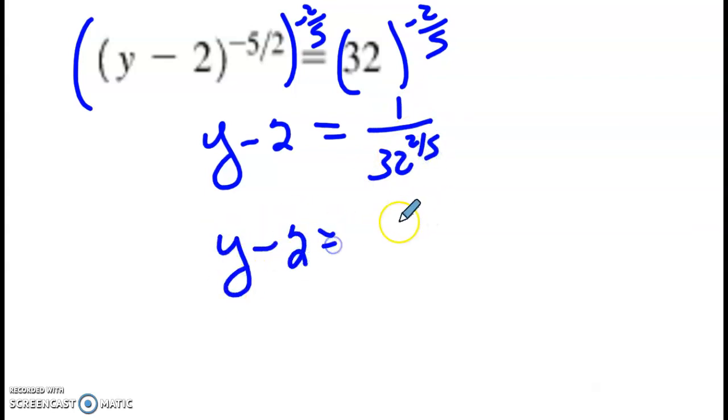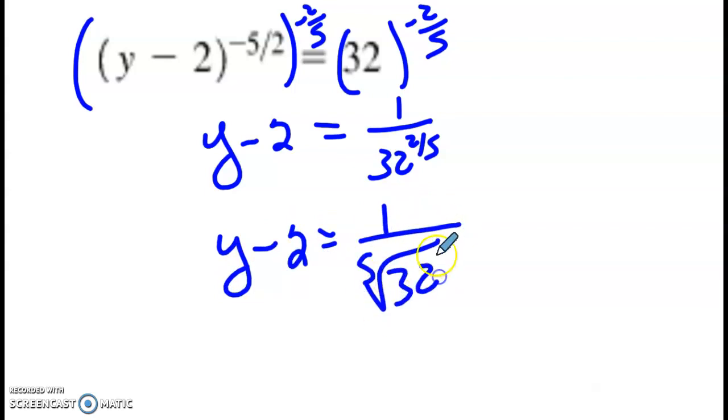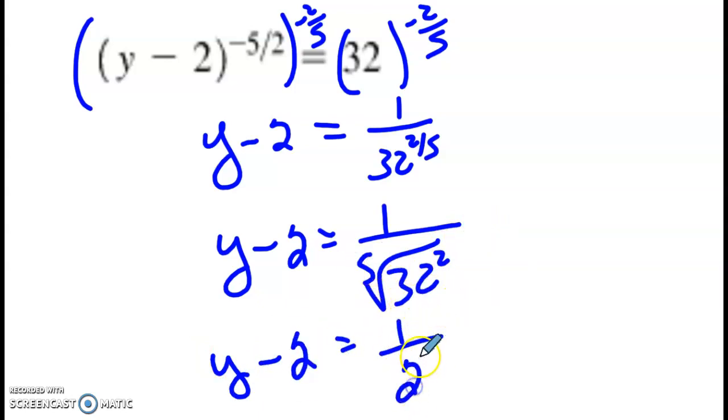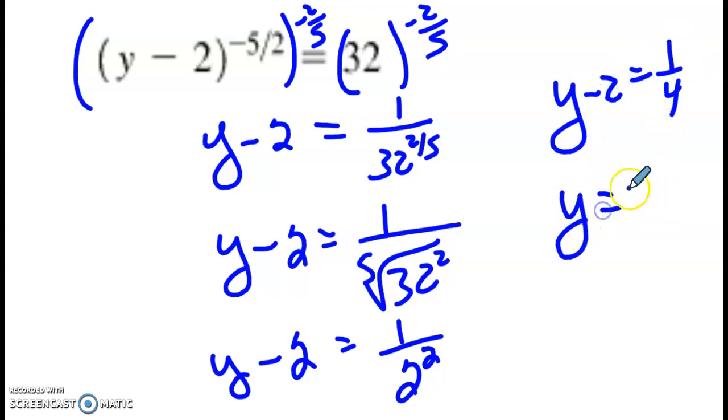So y minus 2 equals 1 over the 5th root of 32 squared. The 5th root of 32 is 2, so 1 over 2 squared. y minus 2 equals 1/4, so it looks like y equals 2 1/4.